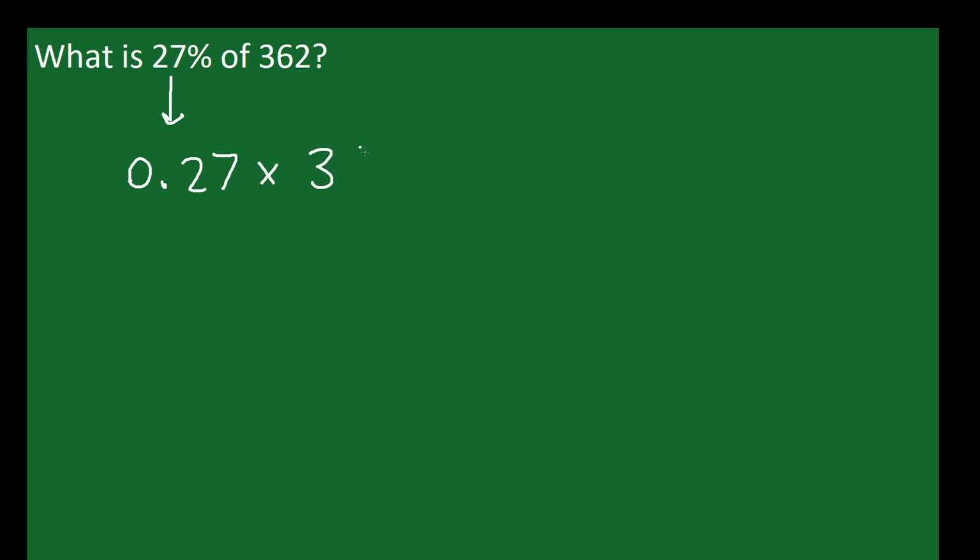Multiply that by 362. And of course, you're allowed to use your calculator for these types of questions. This will give you 97.74. So 97.74 is 27% of 362.